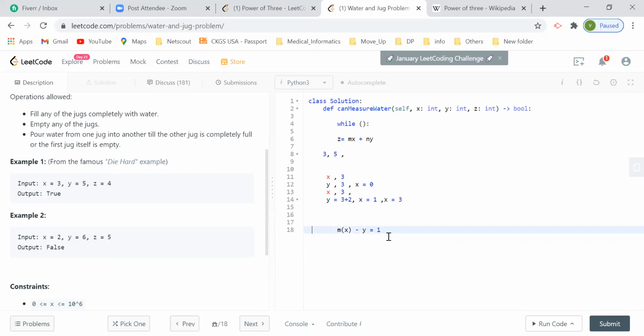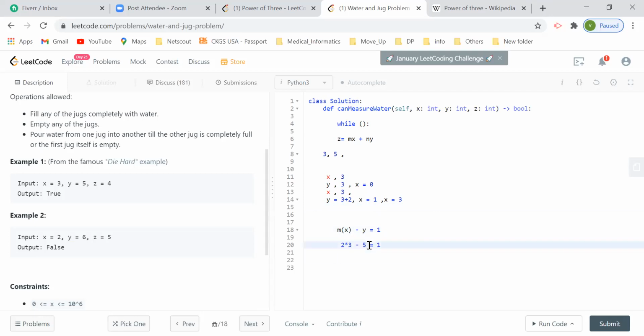This one, if it comes to this somewhere, sometimes, right, then you can be able to measure anything. Because here it is 2 into 3 minus 5 equal to 1, 2 times.